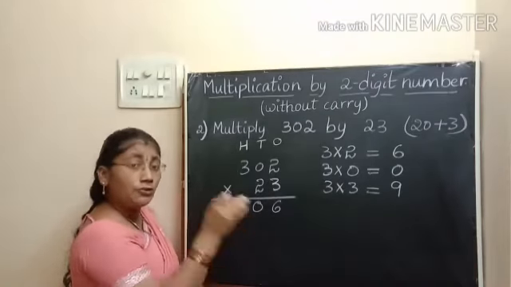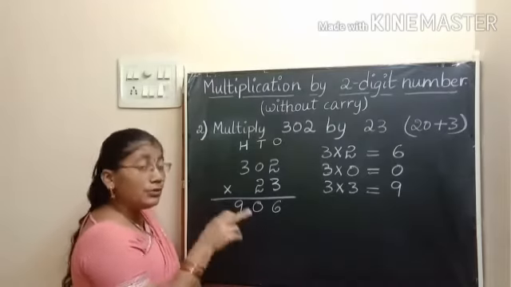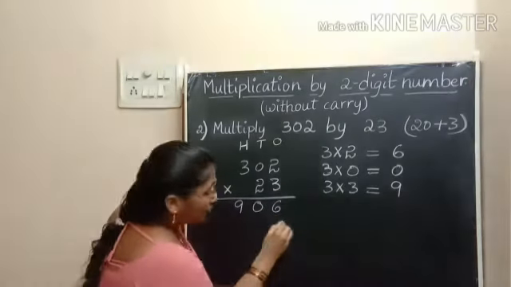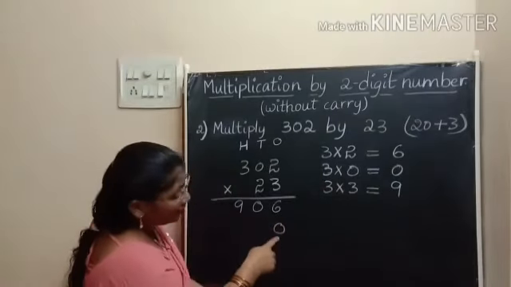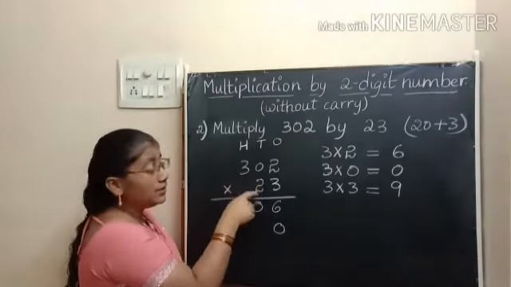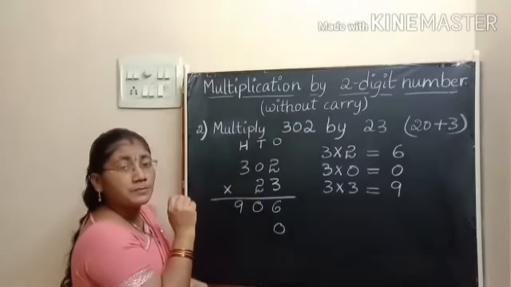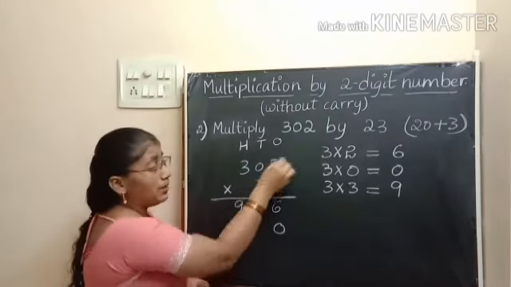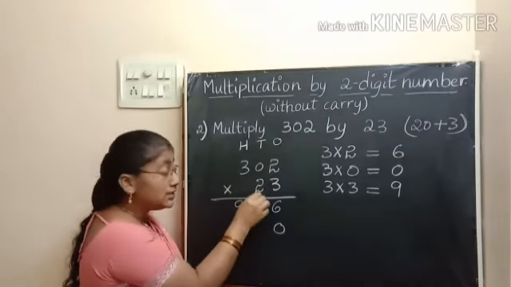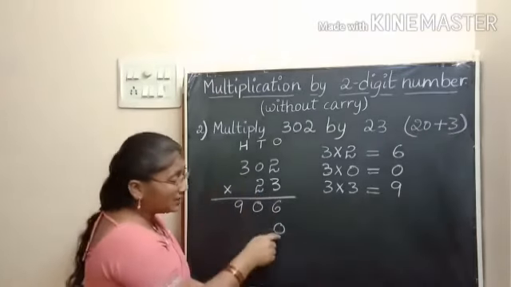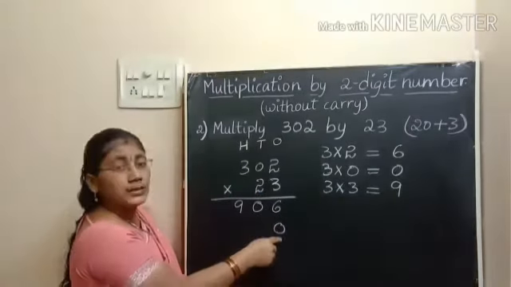We write 0 in the ones place because we are multiplying the multiplicand with the digit in the tens place of the multiplier.